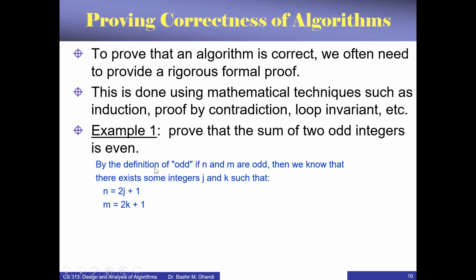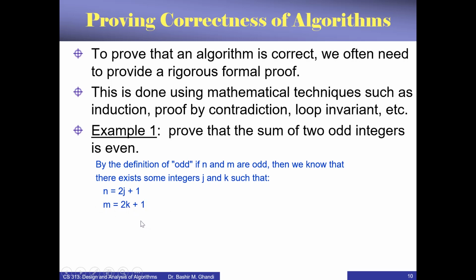It says here, by definition of odd, if the two integers n and m are odd, then we know that there exist some integers j and k respectively, such that n can be represented as 2j plus 1, and similarly m can be represented as 2k plus 1.